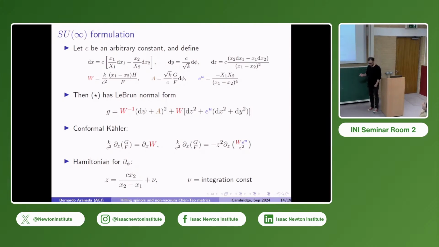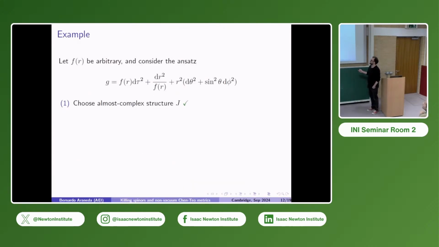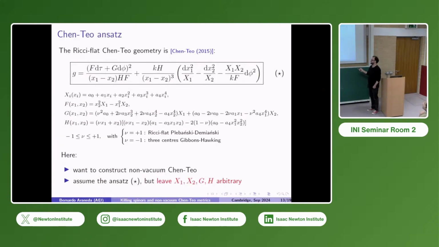Yeah, of course. So if we go back to this example, the first step was to choose an almost complex structure. I'm not telling you how to do that, but the way I did it is to take some inspiration from the rigid flat case to define an almost complex structure, and then use that as an ansatz for the complex structure.